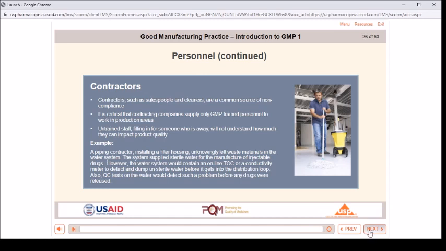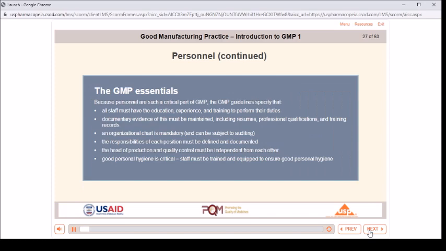Personnel, continued. The GMP essentials. Because personnel are such a critical part of GMP, the GMP guidelines specify that all staff must have the education, experience, and training to perform their duties. Documentary evidence of this must be maintained, including resumes, professional qualifications, and training records.